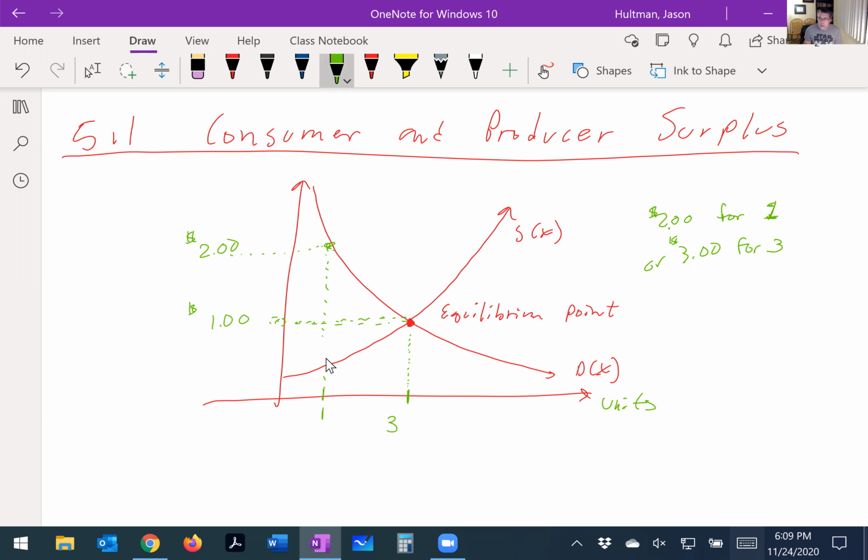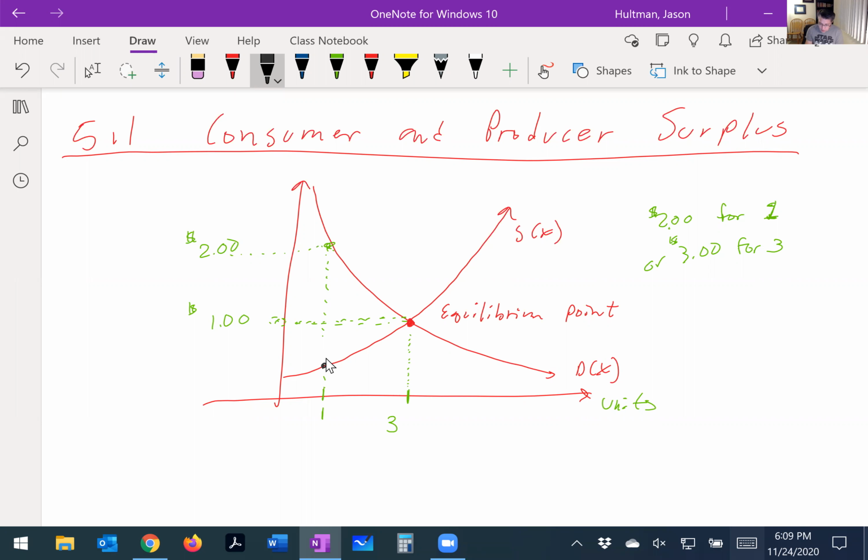And so basically I'm getting a much better deal if I buy more items than if I buy less. And that's our demand curve. The supply curve kind of works in reverse. It says, if demand is high and supply is low, we don't have the items to sell, basically.